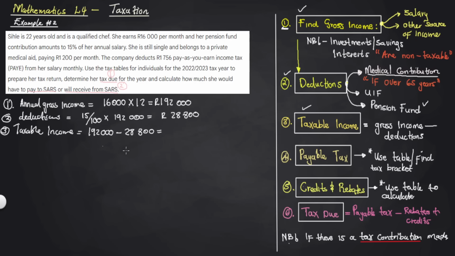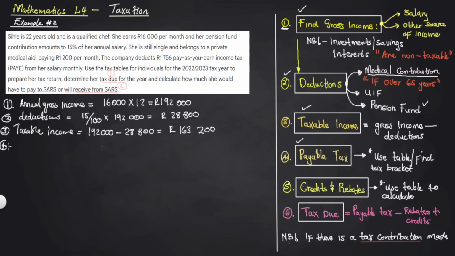Let's check it out. 192,123 minus 28,800. So this is the annual salary, 163,200. Right? Done.